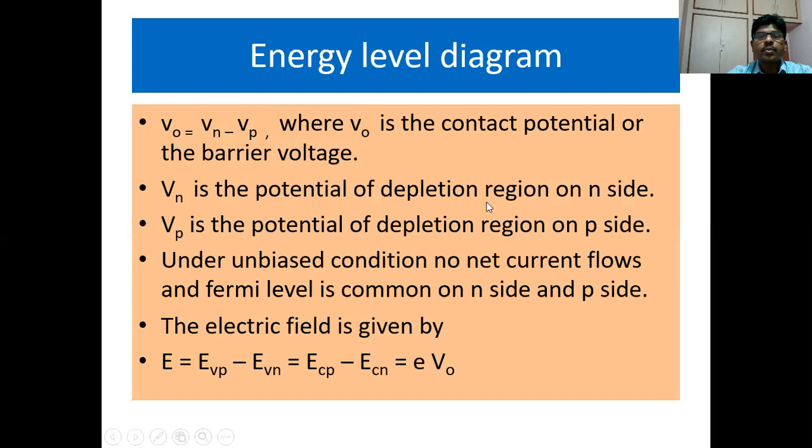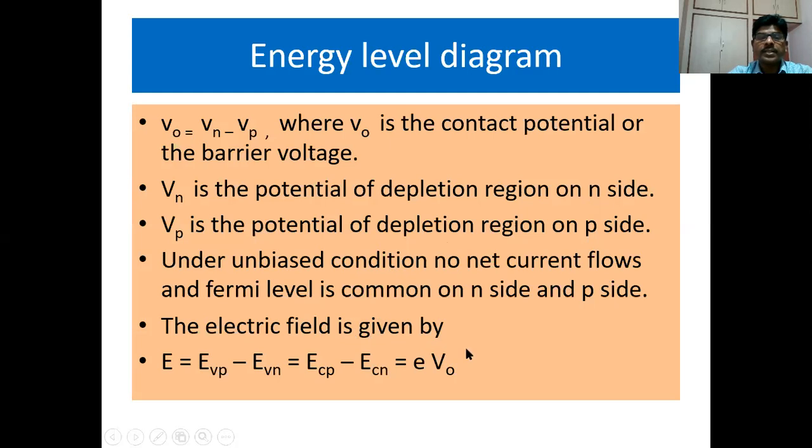So V0, which is called the contact potential or the barrier voltage, is equal to Vn minus Vp. What is Vn over here? Vn is the potential of depletion region on N side and Vp is the potential of depletion region on P side. Under unbiased condition, no net current flows and Fermi level is common on N side and P side.